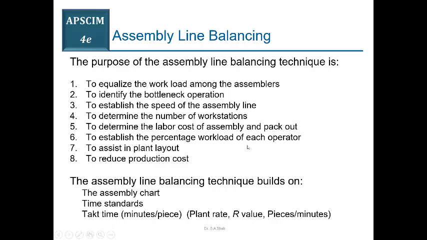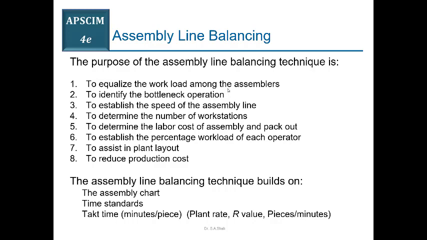So normally, if you have multiple assembly operations on an assembled product, each operation will have a different processing time or assembly time, you can say. And it is not possible basically to evenly distribute those operations among the workstations, or you can say among the workers.